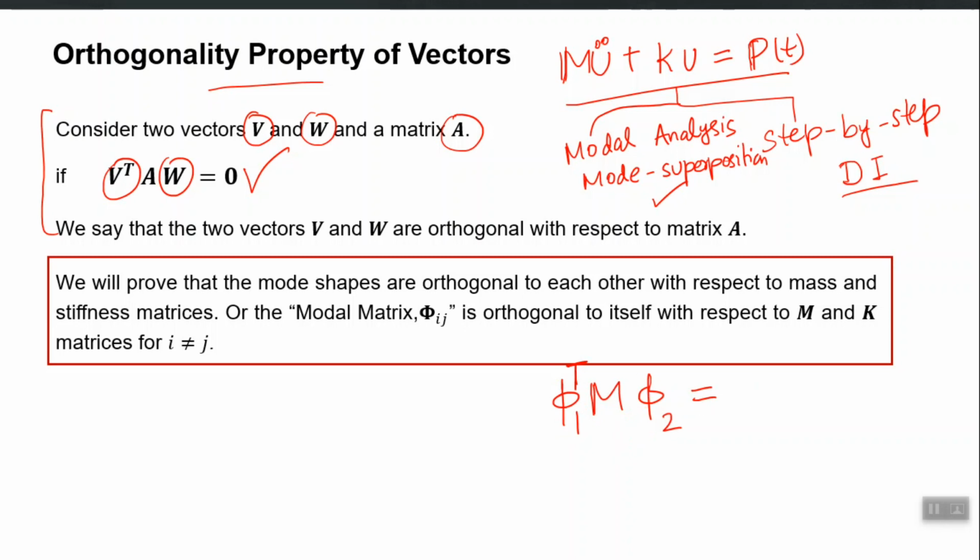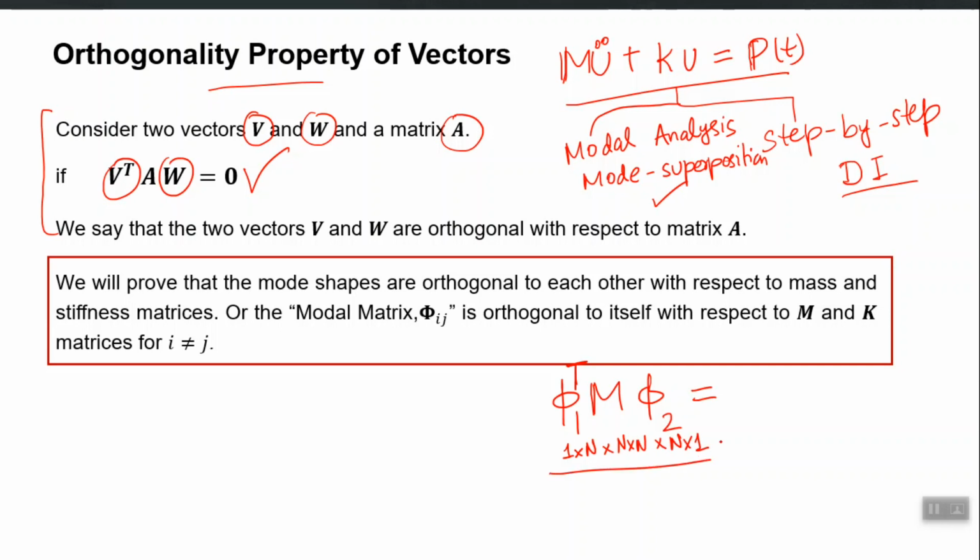This property says that this product should be 0. Phi1 transpose will be what? 1 by n if there are n degrees of freedom. Phi1 is actually n by 1, but when we take the transpose, this becomes 1 by n, times the mass matrix which is n by n, and phi2 is n by 1.